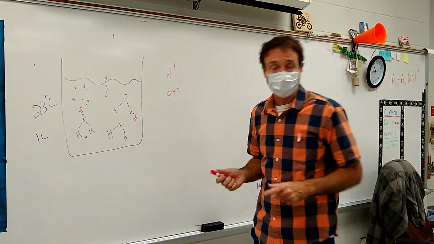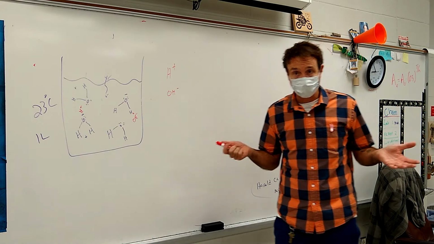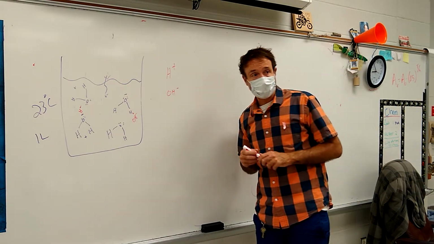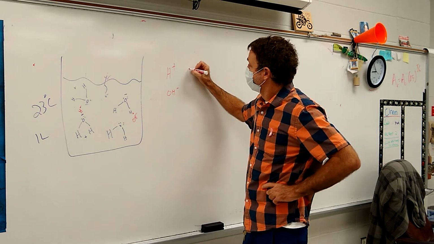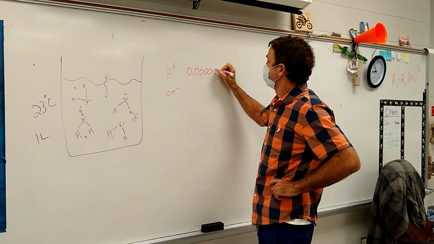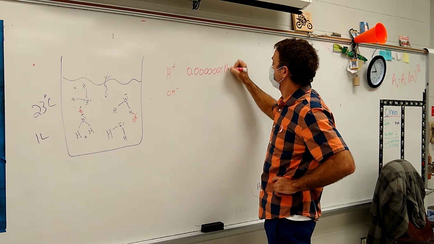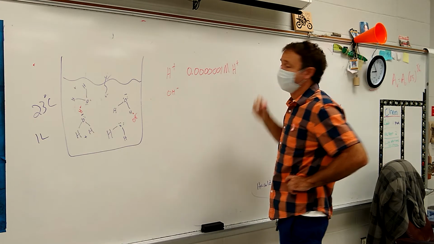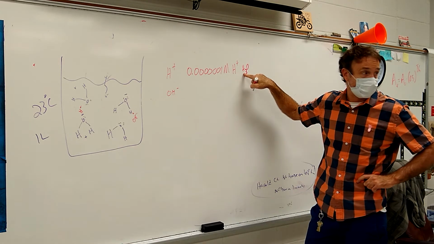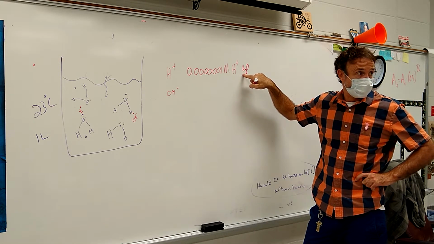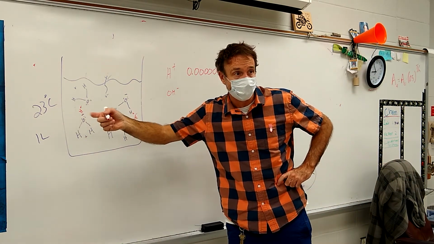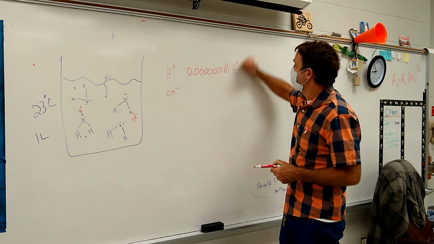This is the molarity in a neutral liter of water at room temperature for H+: 0.0000001 molar H+. And sometimes you'll just see it written as H3O. Does that make sense? If you had an H+ stuck to an H2O, wouldn't it be H3O? I'm always just going to write an H+, okay?